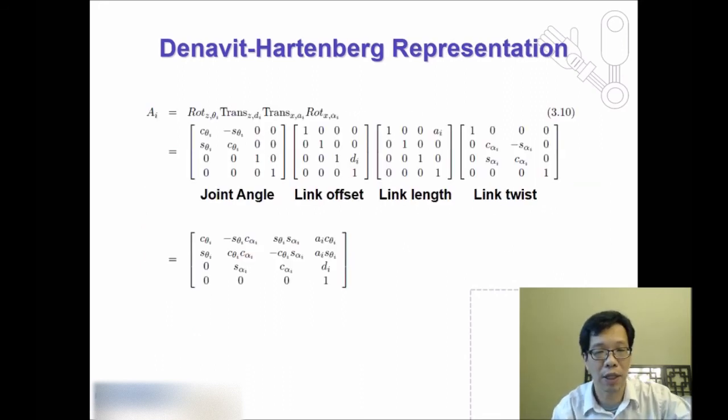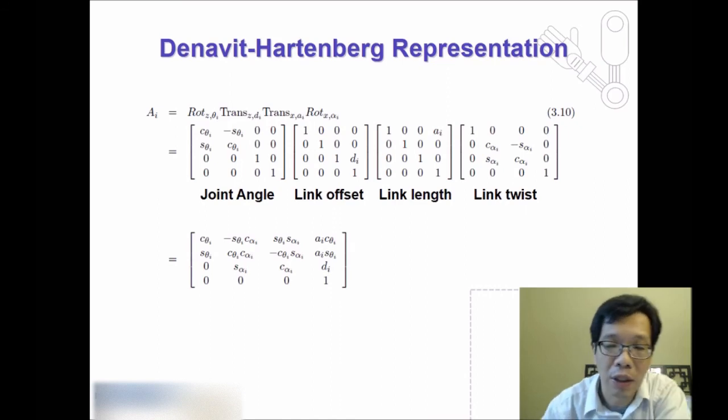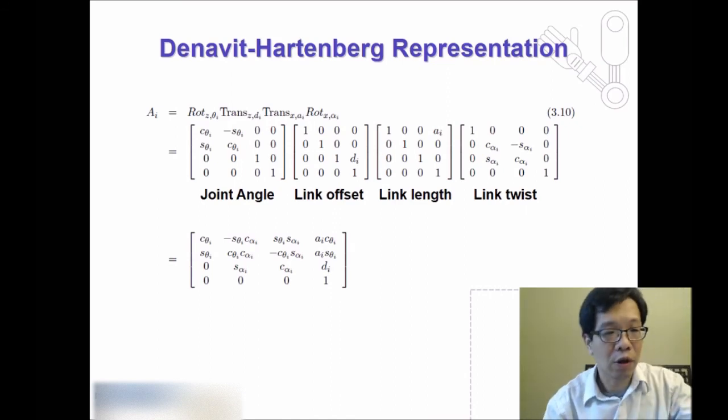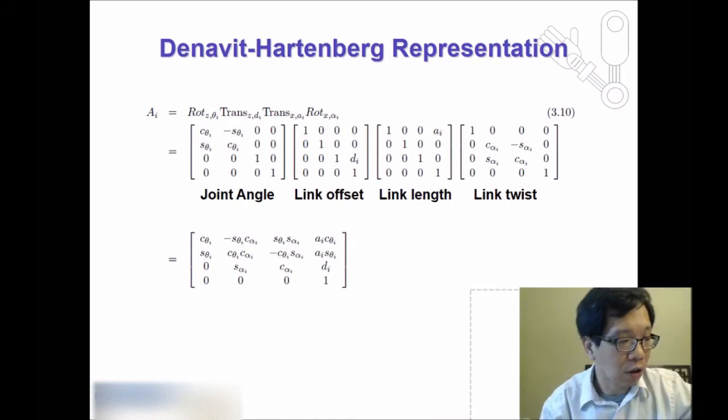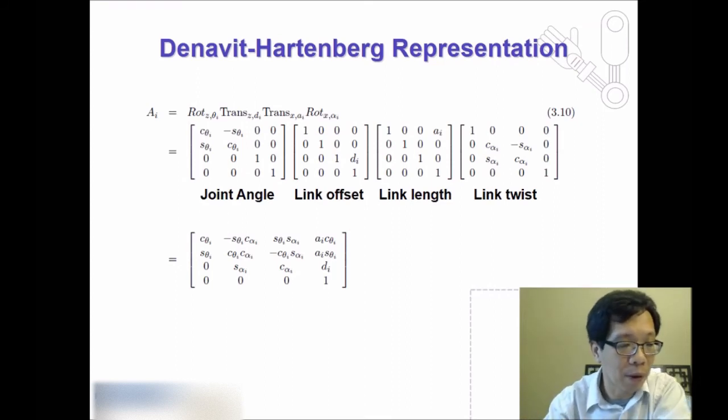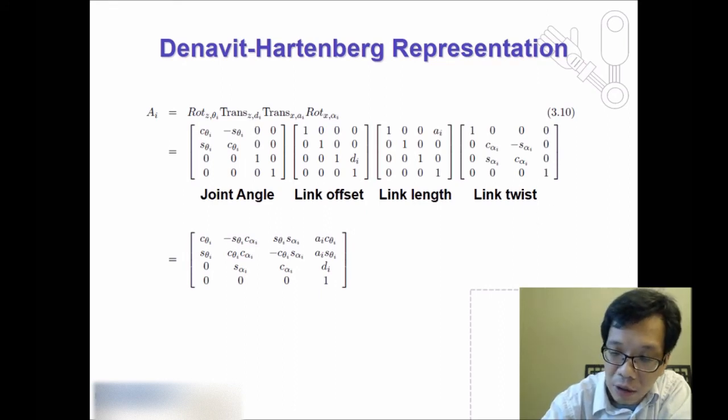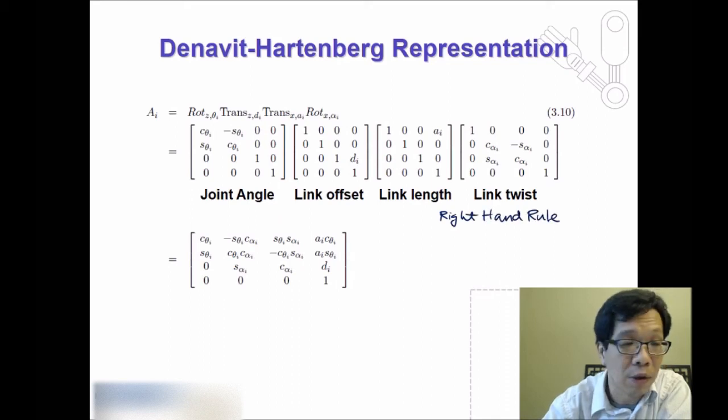Okay, so let's talk about what we're doing over here. Before we start, there are a few rules we need to remember while we're dealing with those kind of things. The first one is right hand rule, which is something we defined earlier.